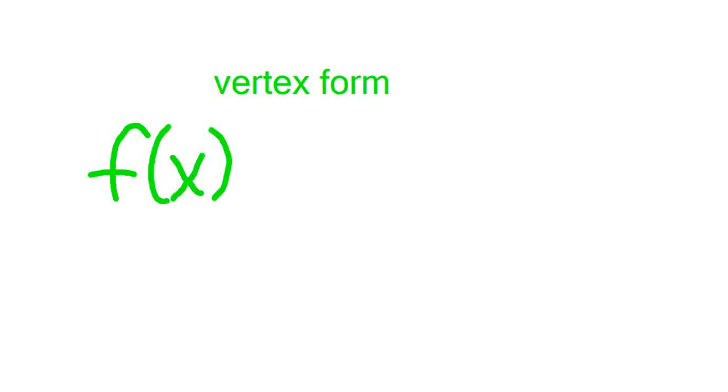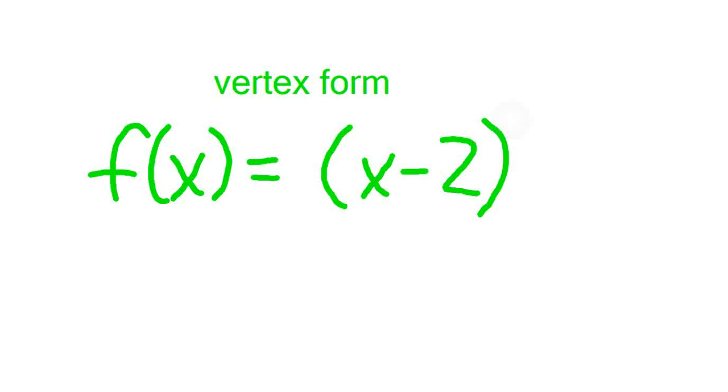The vertex form of quadratic functions. So let's say you're given a quadratic function such as f(x) = (x - 2)² + 3.